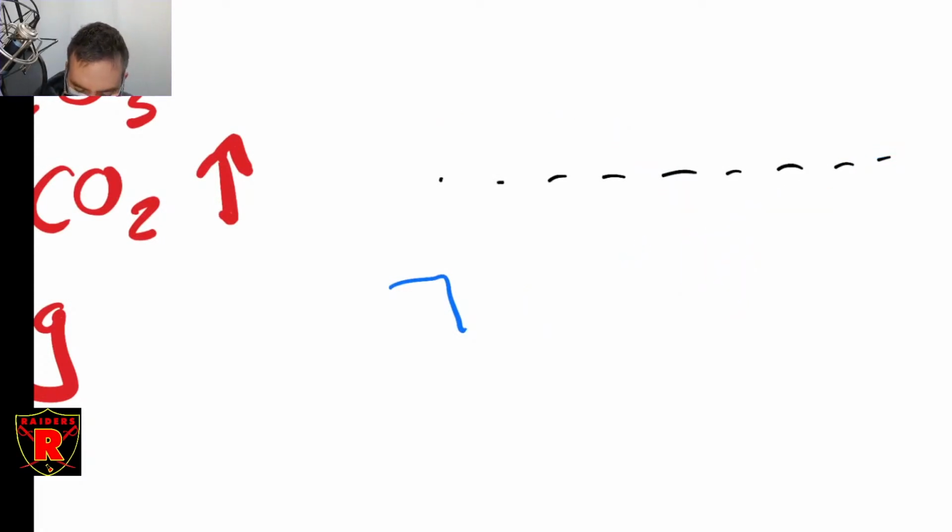So I want you to think about what happens to the CO2 in your lungs. What's happening when you hyperventilate is you're basically removing 100% of the CO2 in your lungs. And when you do that, you remove extra CO2 from your blood. So the total amount of CO2, I'm going to use blue here for CO2.